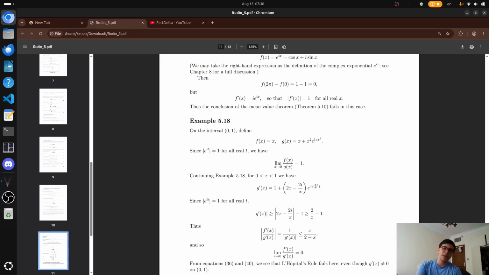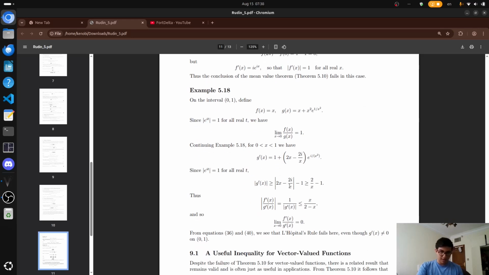Multiply both the numerator and the denominator by 1 over x, and you get 1 over 1 plus x times e^(1/x²). We know this thing's absolute value is equal to 1, and it's multiplied by x squared. Taking the division, it's obviously going to be greater than 1, but when you let x go to 0, this term goes to 0, and you're just left with x over x, which gives you 1.